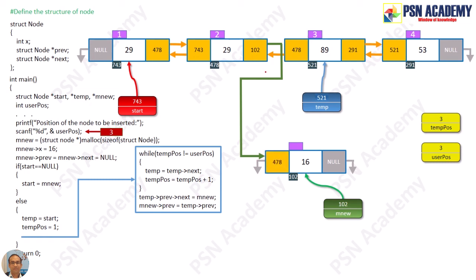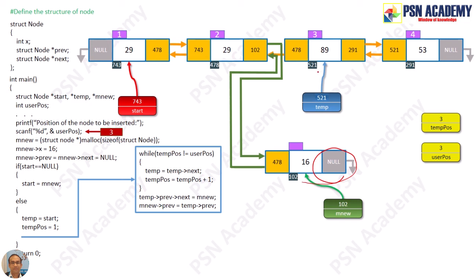So the null is replaced with 478 and the pointer starts pointing to 478. Now what about the next pointer of mnew? This one. This should point to the node at 521.